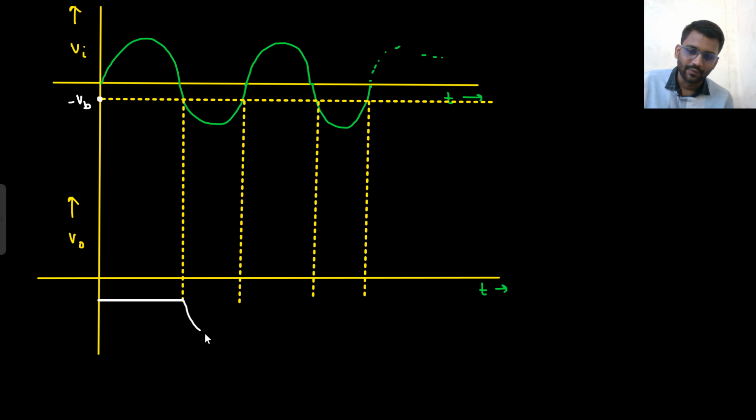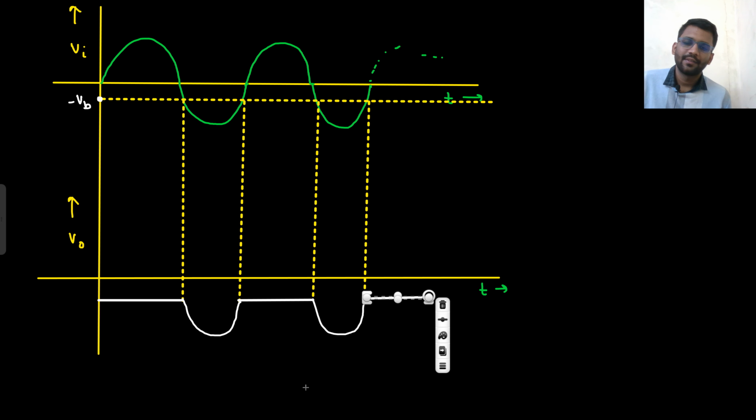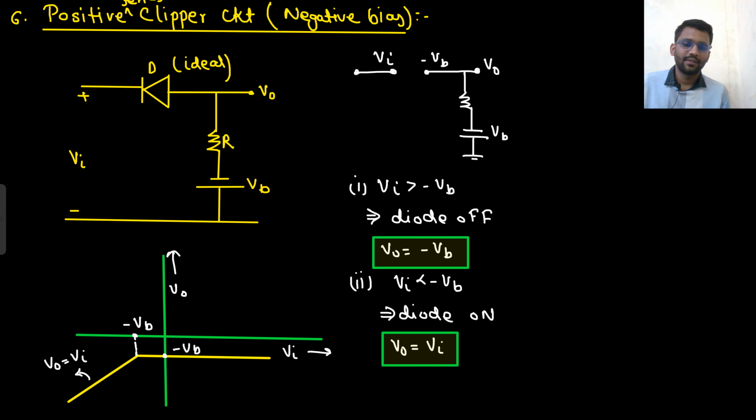Then it will follow the input. Then again it will be minus Vb. Then again it will follow the input, then again it will be minus Vb. Okay, so here your V naught is equal to V in, otherwise it is minus Vb. Well and good.